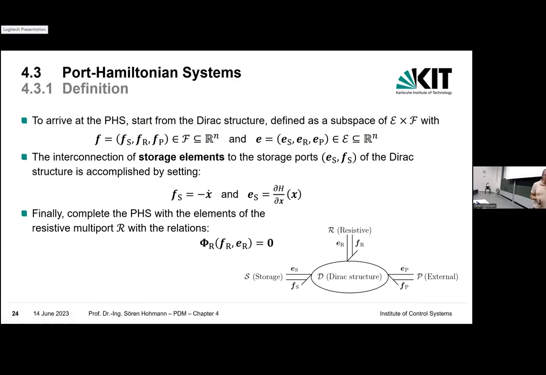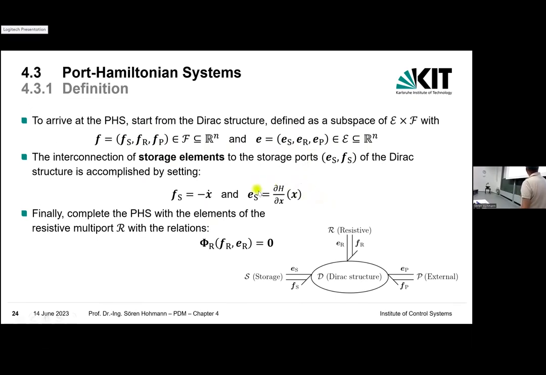Now we want to include the storage elements, and you might remember that there's always a relation between the flows and the stored energy, and the efforts and the stored energy, and we want to use this right now.